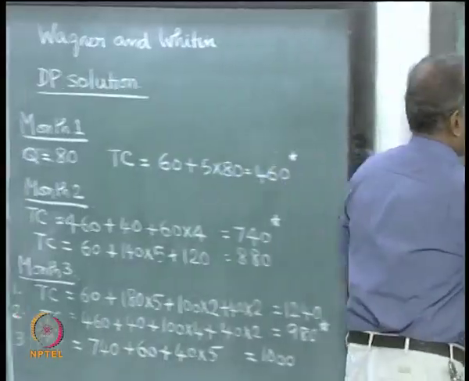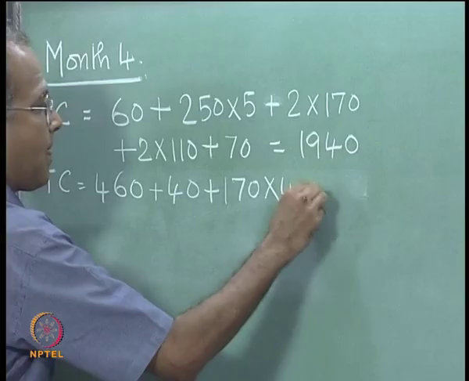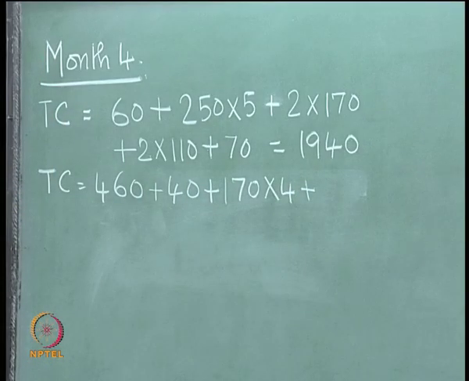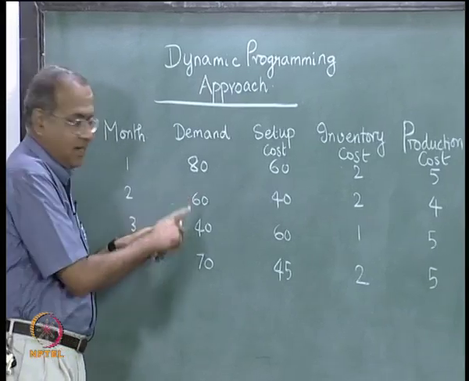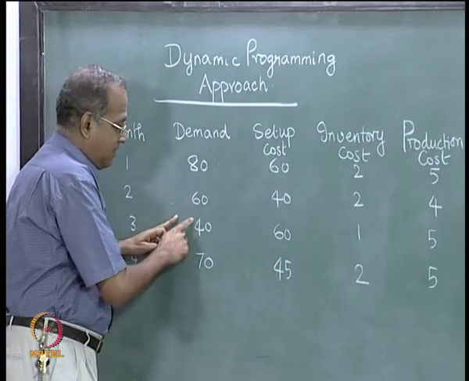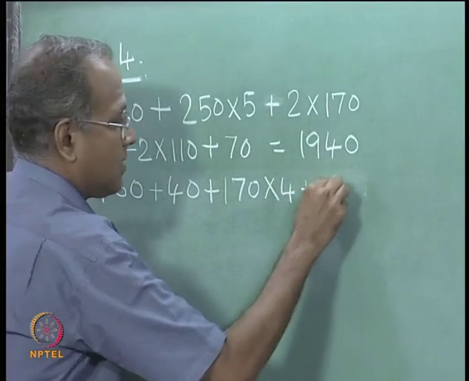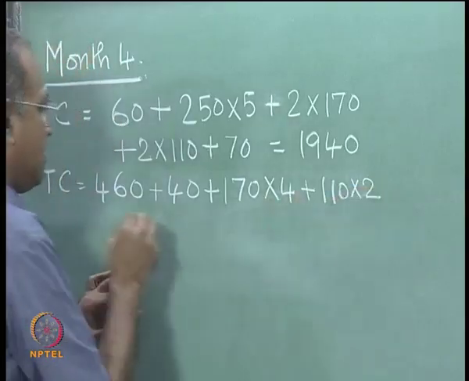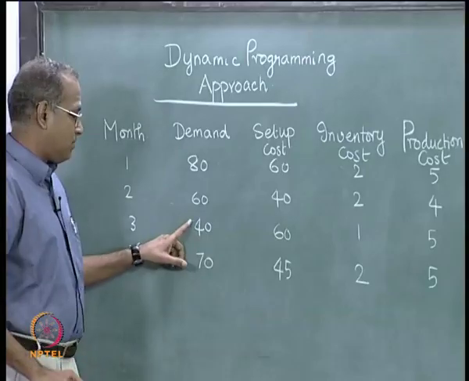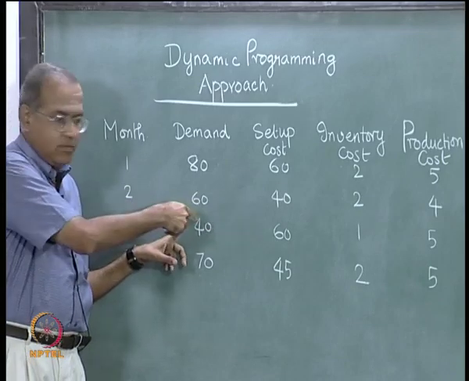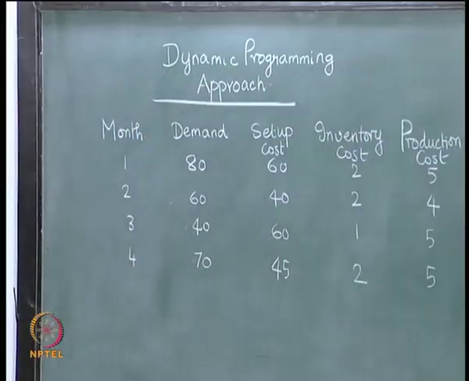So, plus 170 into 4, plus out of the 170, 60 is consumed, 110 is carried, 110 into 2, plus out of the 110 that is brought here, 40 is consumed, 70 is carried, 70 into carrying cost of 1 is 70.